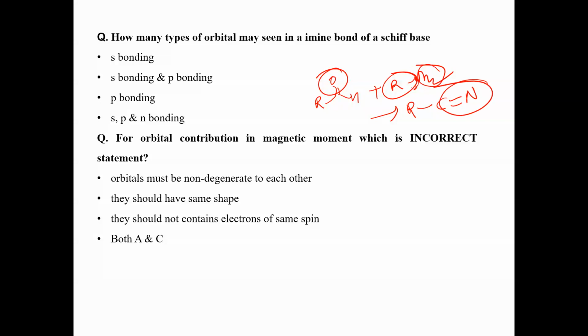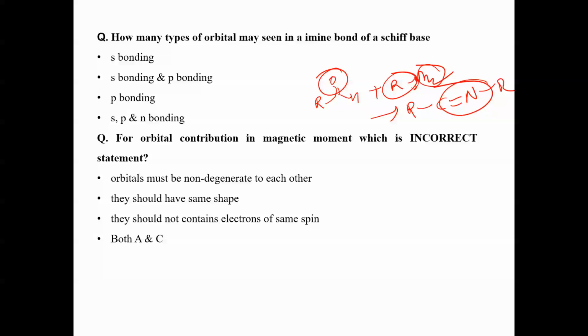In the imine, you have to identify how many types of orbitals will be seen. Here is nitrogen and one is carbon, so sigma, pi, and due to nitrogen there are also non-bonding orbitals because it contains lone pairs.